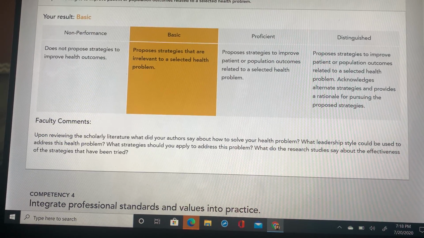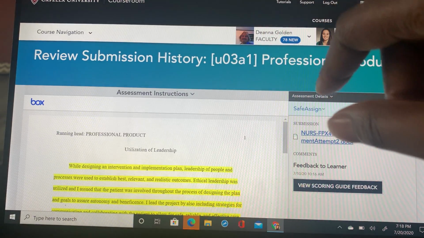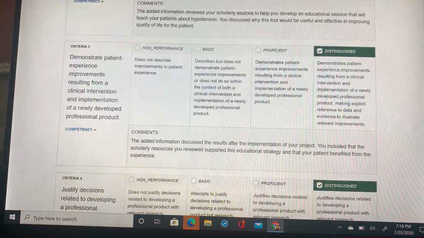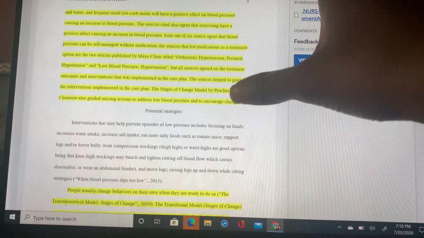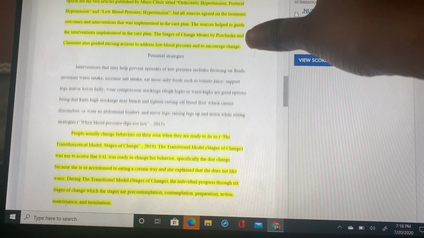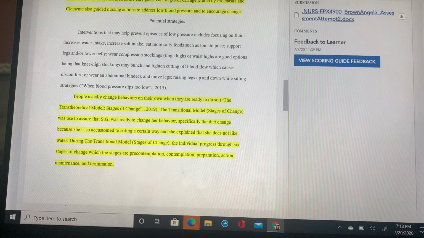So once again, you have to speak on it. So this is what I said at first.